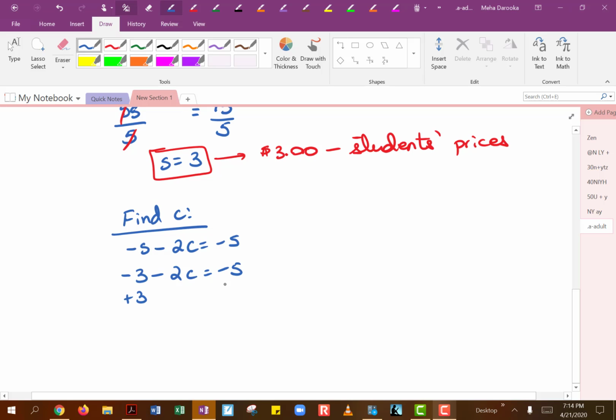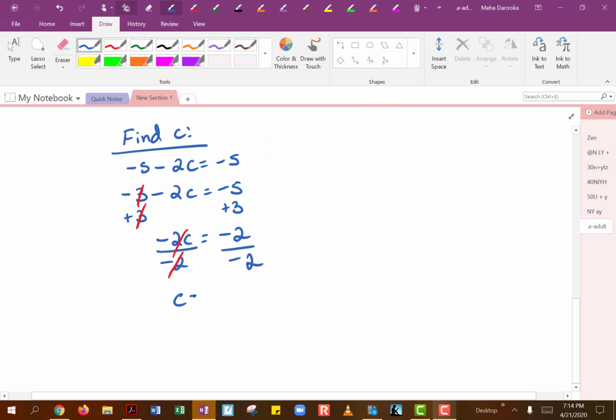Let's start by adding that 3, and that leaves us with negative 2c equals negative 2. Divide both sides by negative 2, and we end up getting c equals 1.